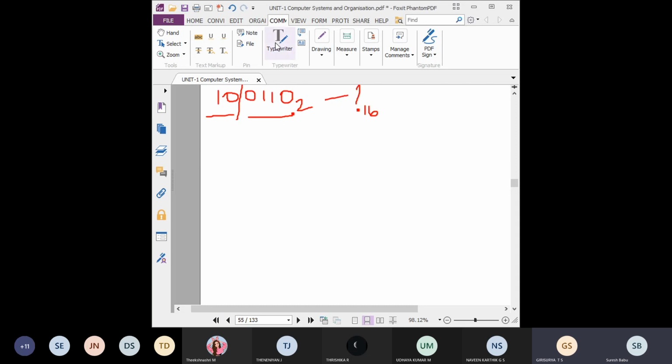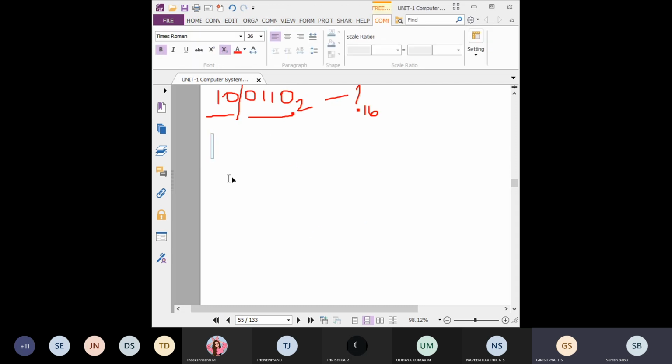So the next one we have to split and write. First I am going to give the first 4-digit number. This is the left side. Two zeros are there, so you can add these zeros. Otherwise, 0 into any value will become 0.